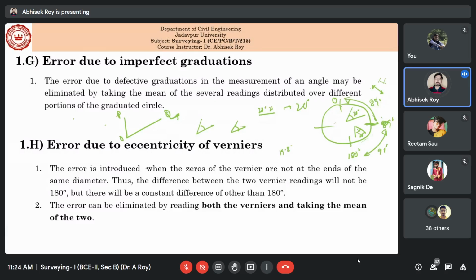But actually you will start with 0 and do the measurements, then with the help of 90 you will do the measurements, then we will do the measurements making the OP line 180 degree, then you will measure the angle making OP 270 degree, so that in every quarter you have measurements. Then only, with several measurements, you can take the average of these measurements, and then you will get the actual angle.